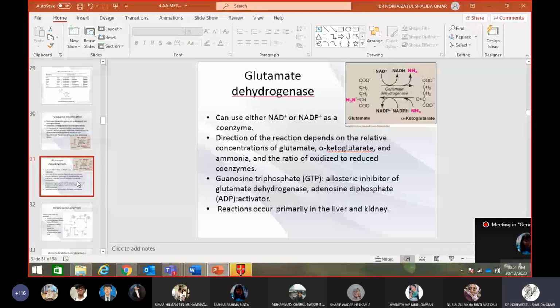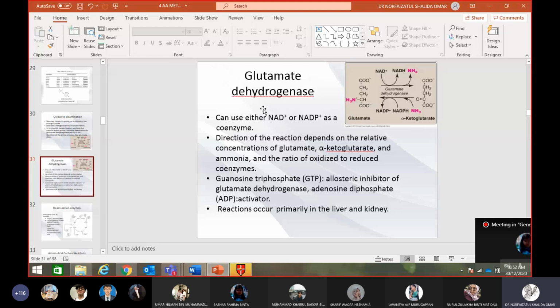The main enzyme is glutamate dehydrogenase, and it requires NAD plus or NADP plus as a coenzyme. Just now, transamination required pyridoxal phosphate.